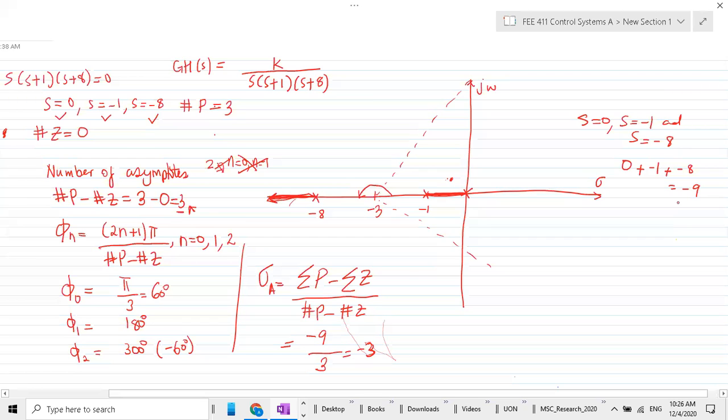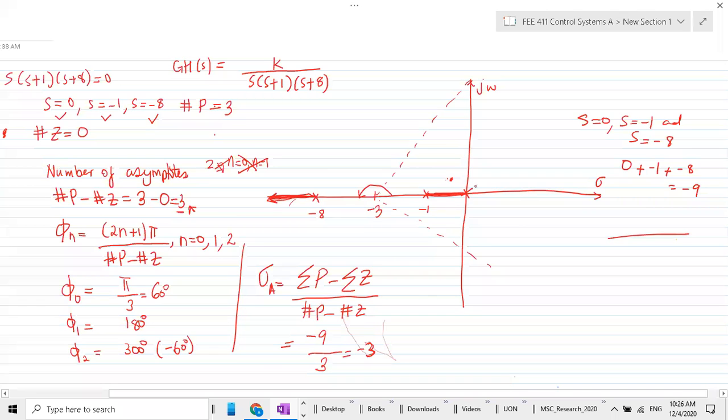Yes. And the denominator is the number, not the sum, the number. How many poles do we have? We have 3 poles. So the denominator is the number of poles minus the number of zeros. That's why I put this hash, right? How many poles do we have?